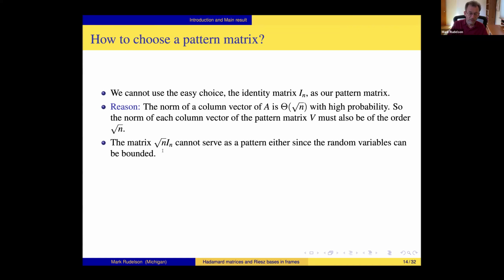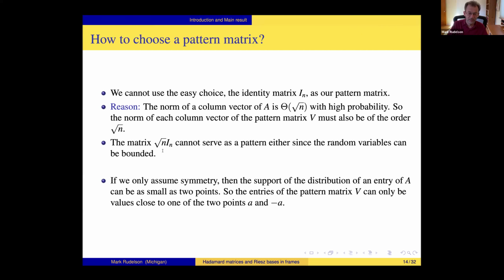And if one thinks for a minute about the options we have for a pattern matrix, one discovers that this random plus minus 1 case is the worst one. The distribution of an entry can be as small as 2 points.